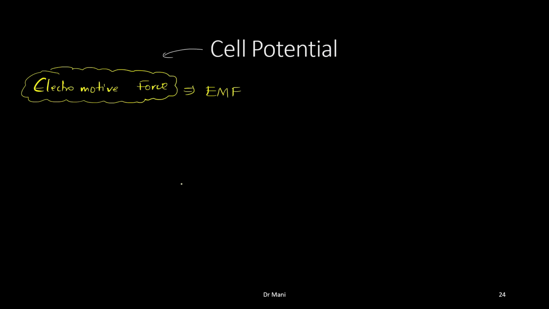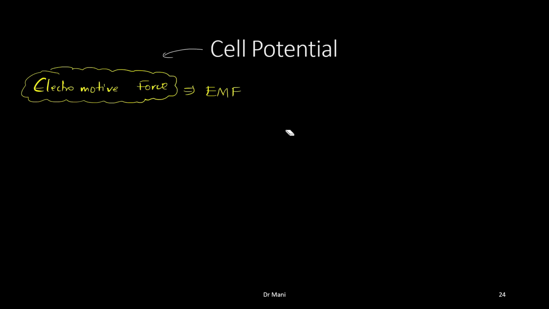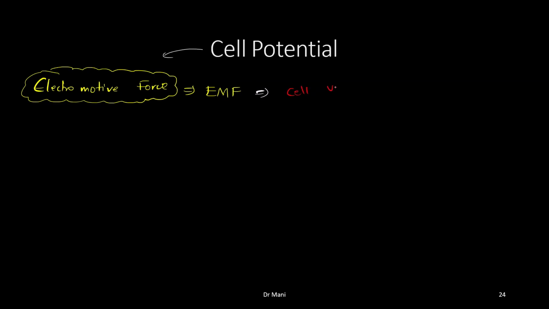Just listen. If you don't understand what electromotive force is, listen again. Cell potential is also known as the electromotive force, or the cell voltage, or the cell driving force.